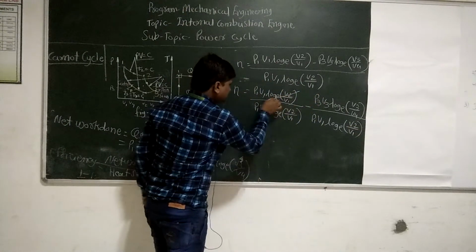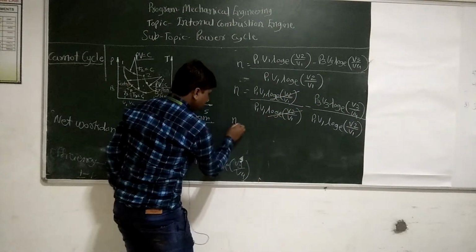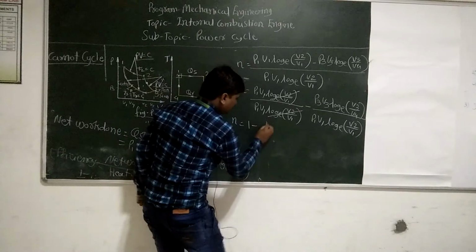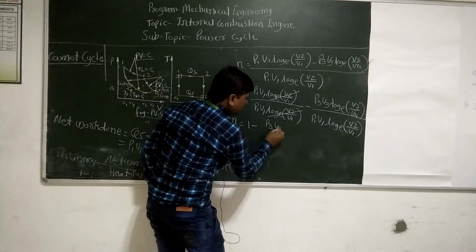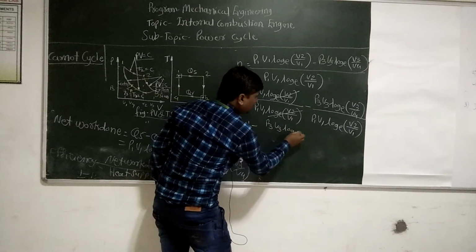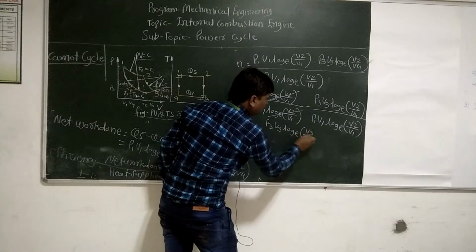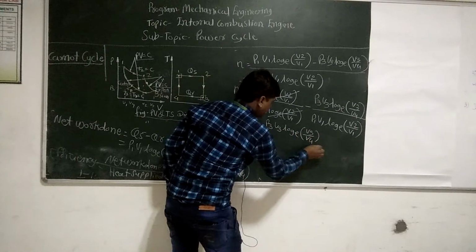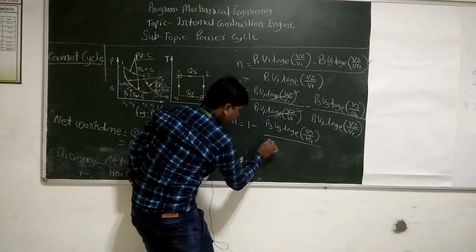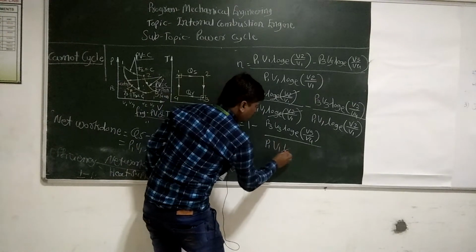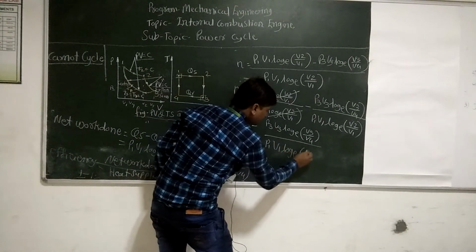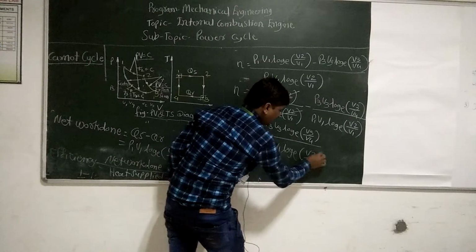Now this is cancelled, and efficiency is equal to 1 minus P3 V3 log of e V3 upon V4 divided by P1 V1 log of e V2 upon V1.